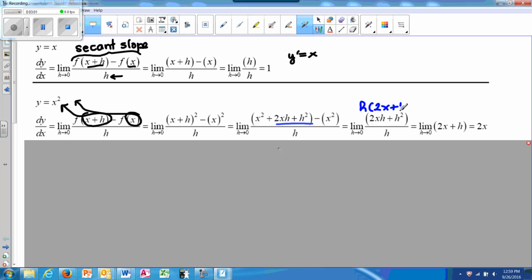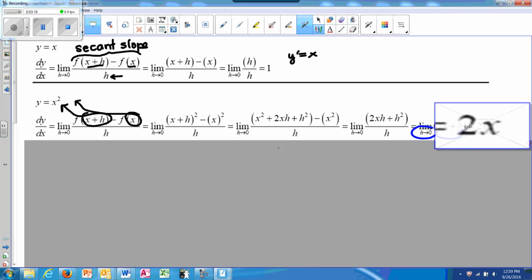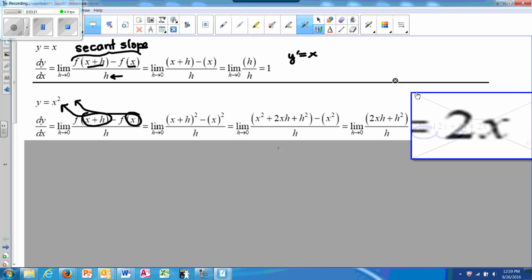Now we can factor out an h and cancel that, leaving us with just the 2x plus h. Now, unlike the first problem we did, we actually still have an h remaining, which means we're now going to substitute h approaches 0, and that leaves us with just 2x.